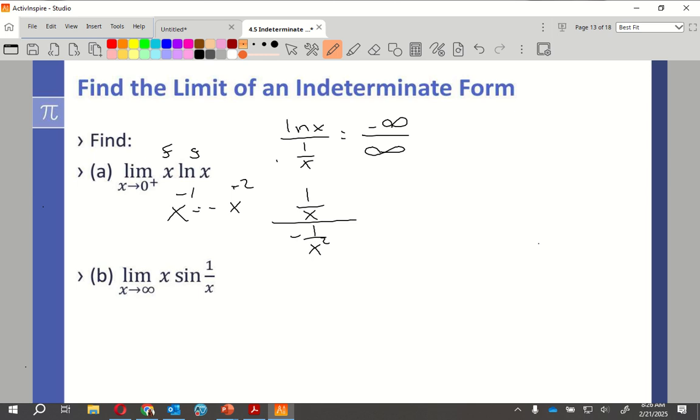So I'm going to multiply by the reciprocal here. So I have fraction over fraction, so I'm going to multiply by the reciprocal. So it's 1 over x times the reciprocal of the bottom, which is negative x squared over 1. A couple things cancel out, and I end up with just a negative x.